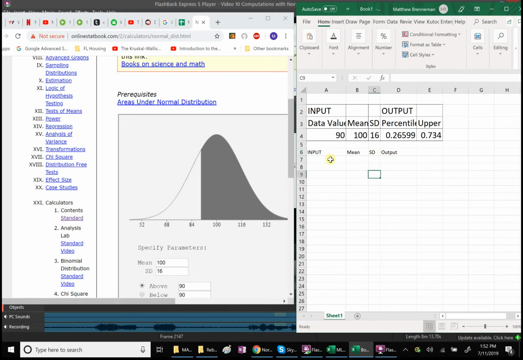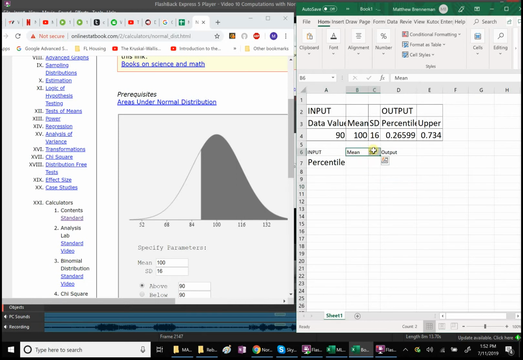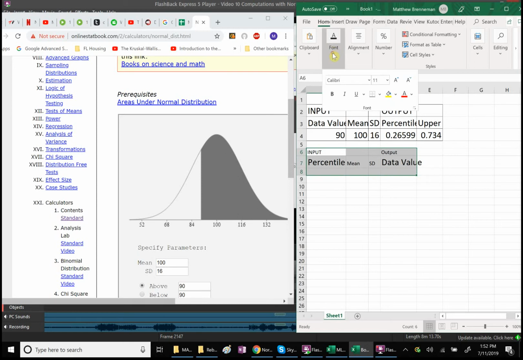Actually, I'll format it the same as the other one. Tidy this up a little bit.